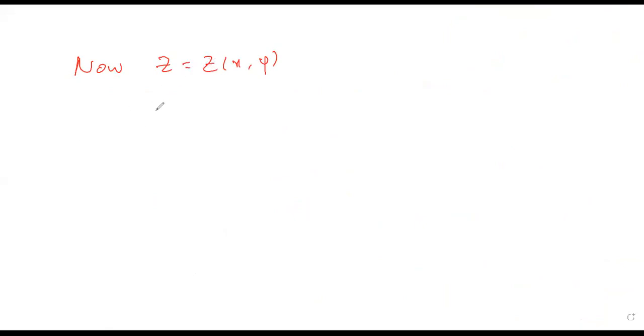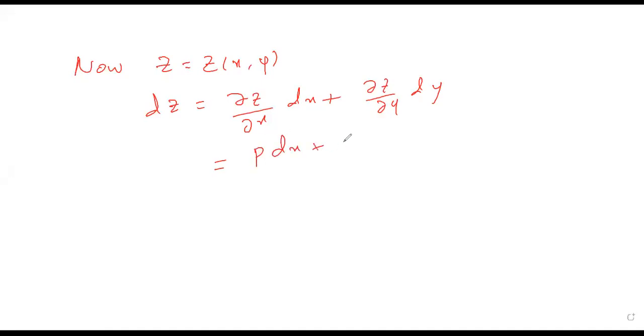So what is dz? Can you find dz? The total derivative will be partial z over partial x of dx plus partial z over partial y of dy, isn't it? So this becomes small p of dx plus small q of dy.